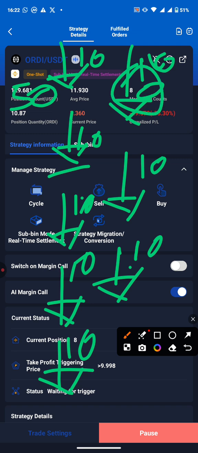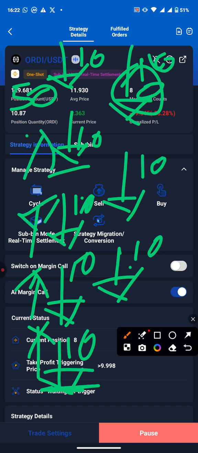When I'm sleeping, the robot is buying. And if the market tries to move up, I'll be earning some profits. If someone is doing manual trading, then you have to be on the market. Remember, this spot market trading is very simple for anyone to do.